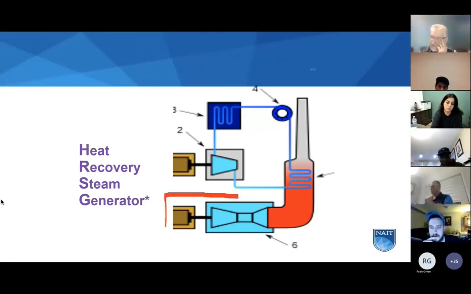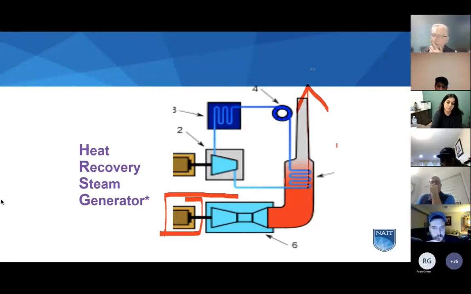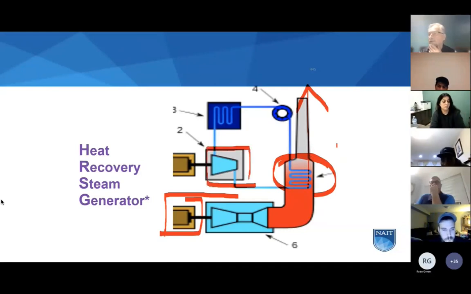We're using it to drive a generator and create power. Normally we would have a lot of waste heat going to the stack. By recovering heat from the stack, we can create some more steam to generate more power.